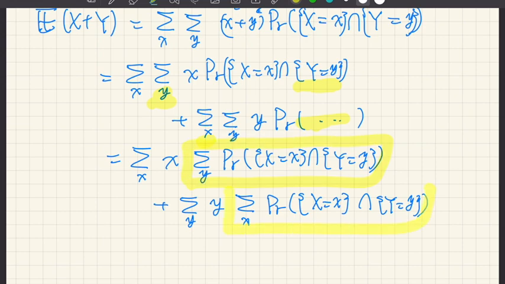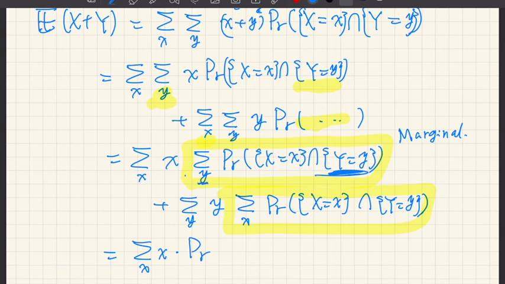And what about this? These are marginal probabilities. So this is actually equal to this probability. You sum over all possible values of y, so what's left is just x.